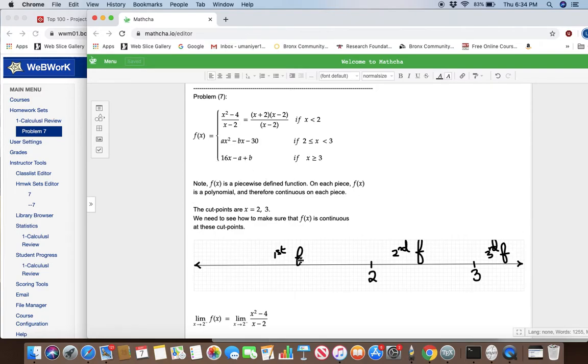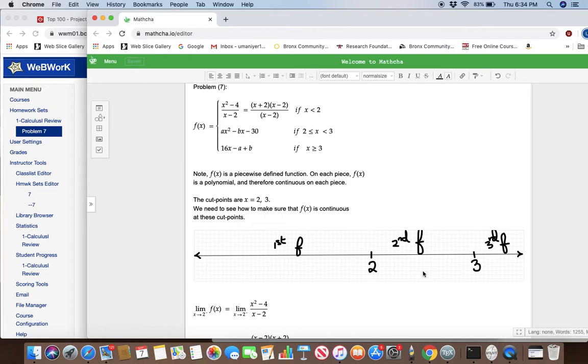So I want f to be continuous at 2. In other words, the limit as x approaches 2 from the left and the limit as x approaches 2 from the right, and the value at 2, must all be equal.